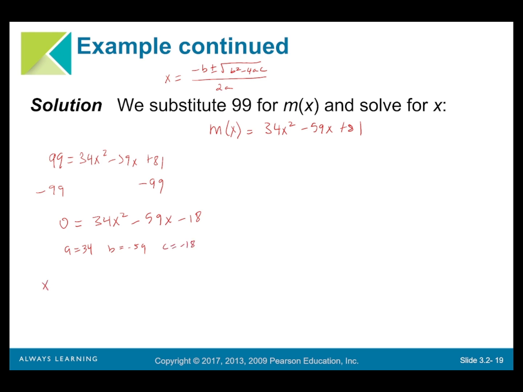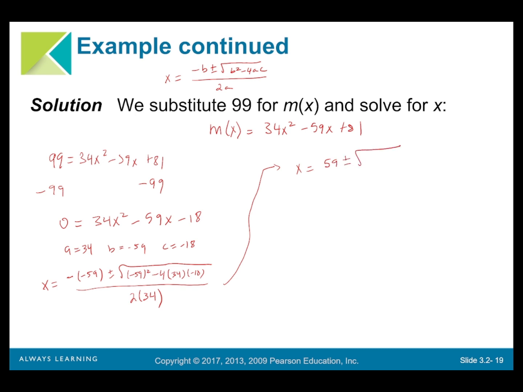And so we get x equals negative negative 59 plus or minus the square root of negative 59 squared minus 4 times 34 times negative 18. My goodness, all over 2 times 34. Well, luckily, this simplifies to x equals 59 plus or minus the square root of 5929, all over 68.